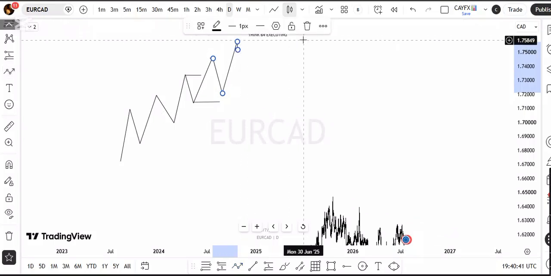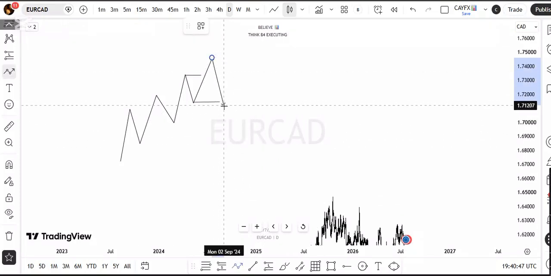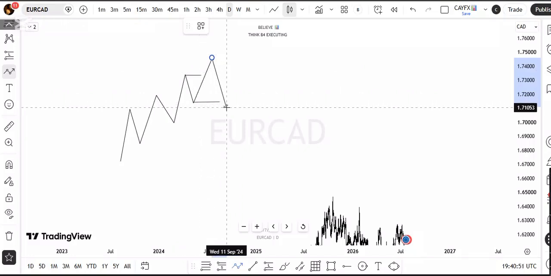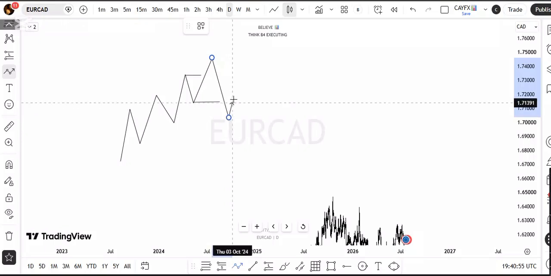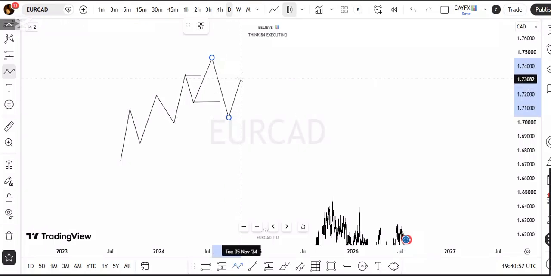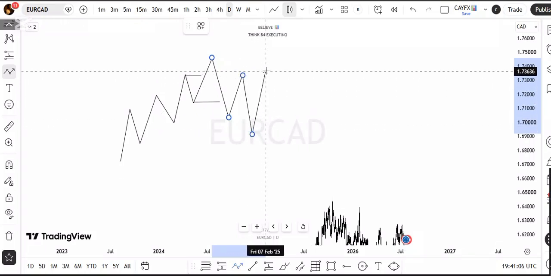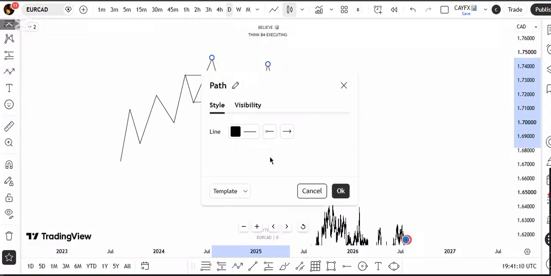But how to know a true change of character is when the market violates the recent swing low in an uptrend. Then what happens? We wait for a confirmation that this market is about to sell, then give us a break of structure to the downside, then we use it as liquidity and begin our sell.